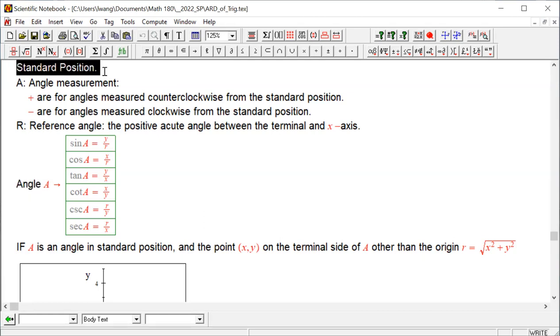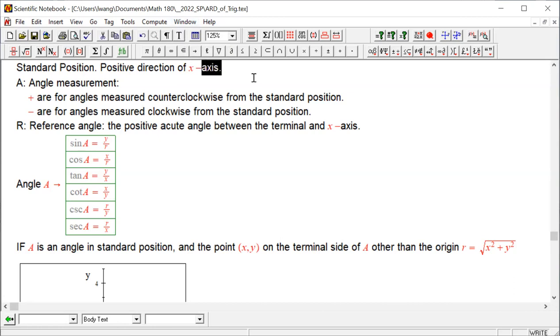We know what the standard position is, which is the positive direction of the x-axis. We understand that.